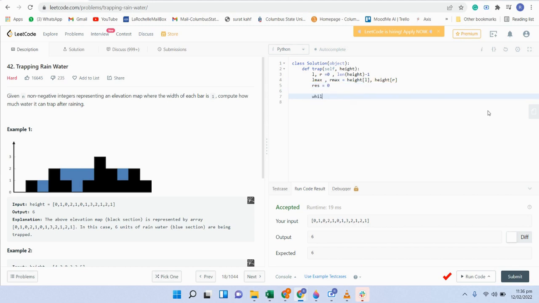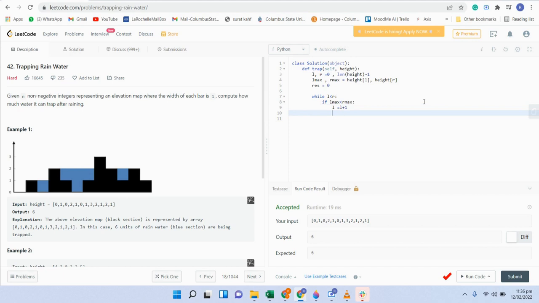Now my loop should start: while left is less than right, and then I need to check if left max is less than right max. If this is the case, you need to do 3 things. First, update the left pointer.